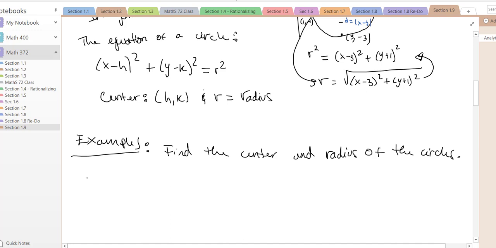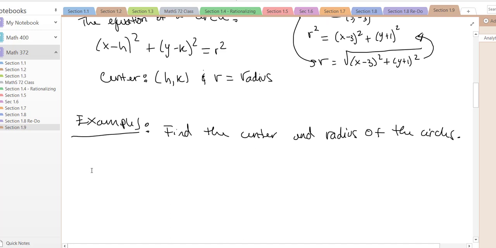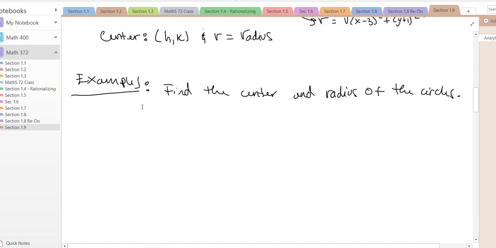I'm going to write them down, and you can pause as you think about one and do it on your own, and then unpause to see what the solution is. So (x − 1)² + (y − 4)² = 25. I want you to find the center and the radius for this. So go ahead and pause, do it, and then come back.